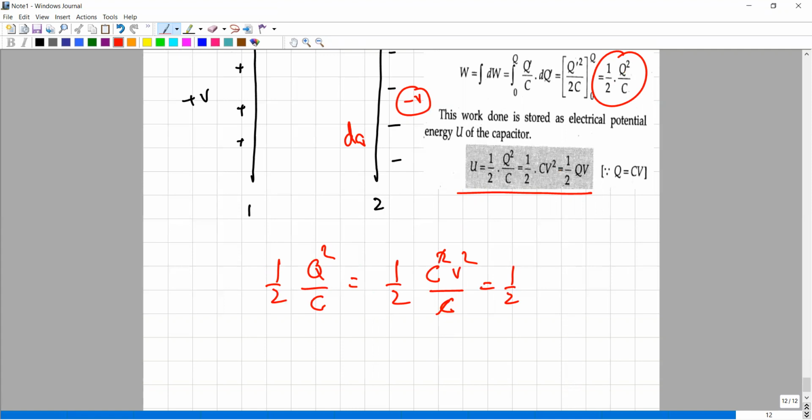So it will become half of cv square. In the same way, if you change the value of c, then you can also get half of qv. So all these three expressions, half q square by c, half cv square, and half qv, they all represent the same thing, that is energy stored in a capacitor.